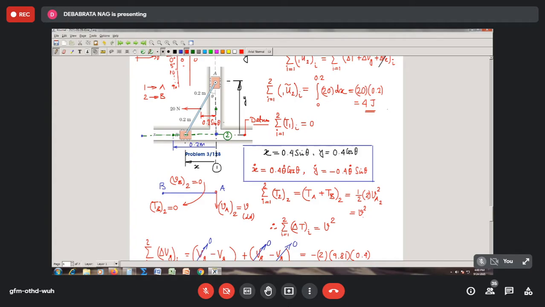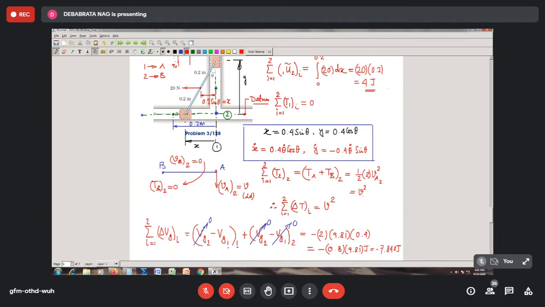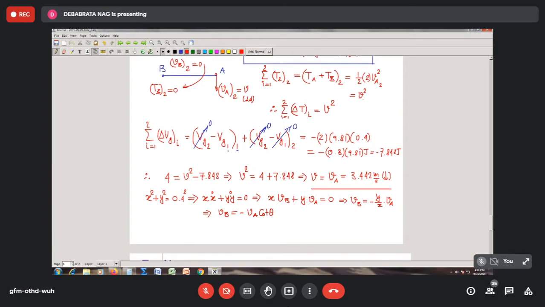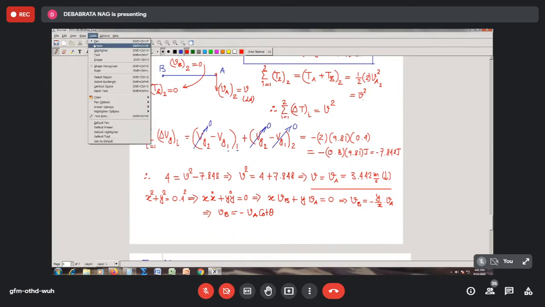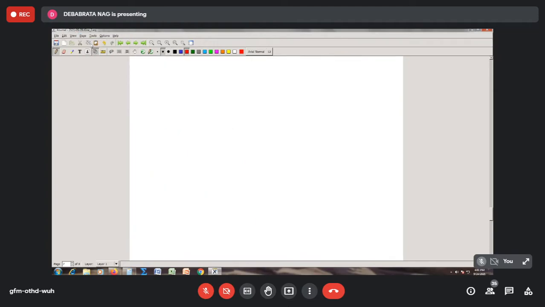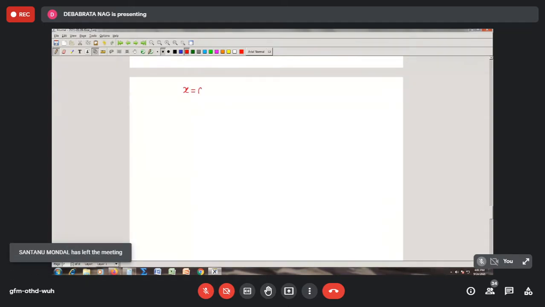That means if I call this distance x, then this dx will give me, since x is equal to 0.2 sine theta, dx equal to 0.2 cos theta d theta.